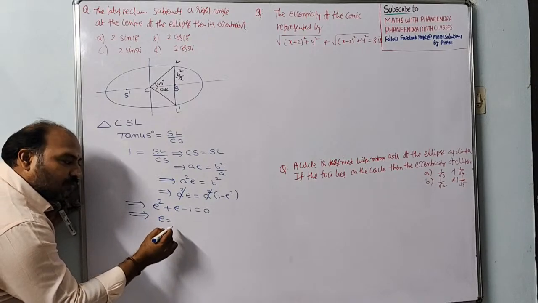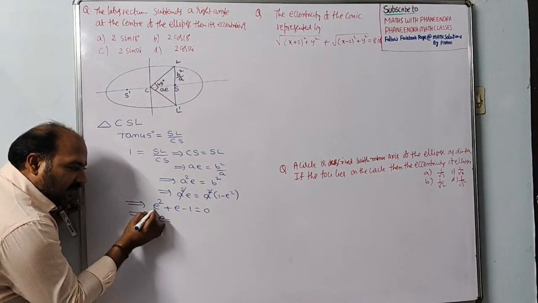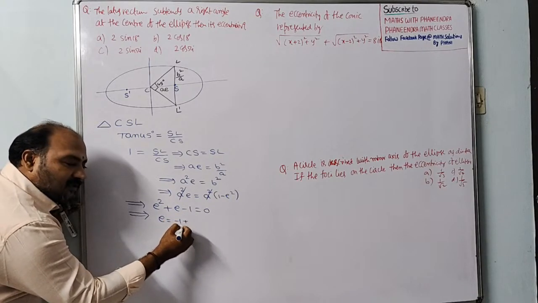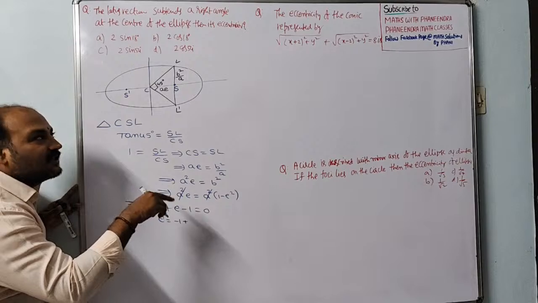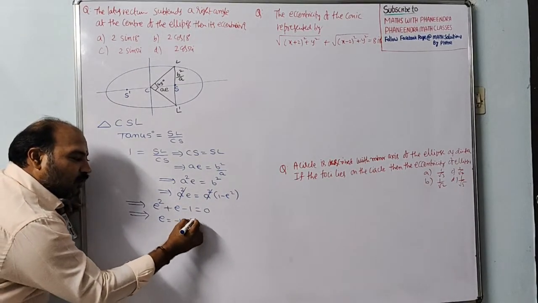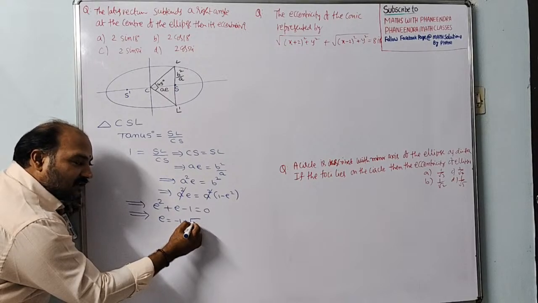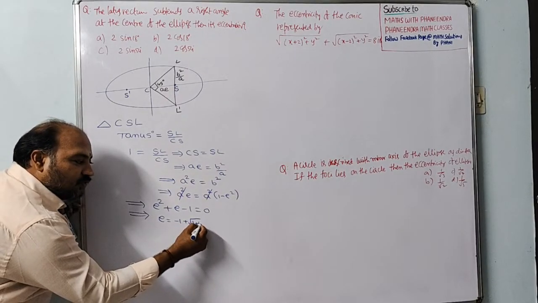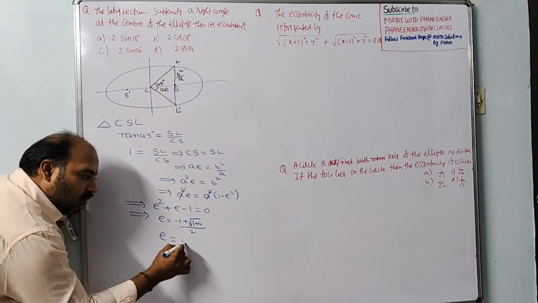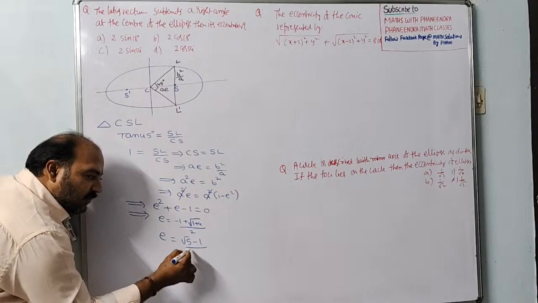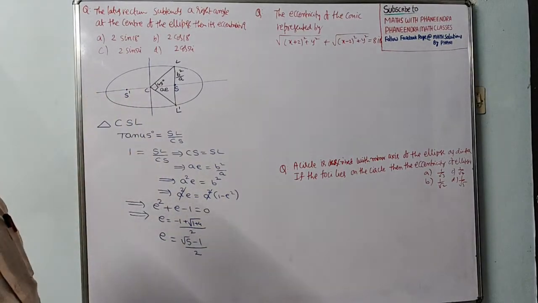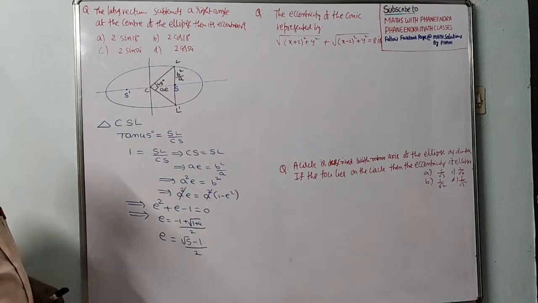e is equal to minus b plus or minus root of b squared minus 4ac over 2a, with a value 1, b value 1, c value minus 1. Eccentricity here is less than 1 and greater than 0, so only plus you can take. Root over b squared minus 4ac means 1 plus 4, by 2, which gives e equal to root 5 minus 1 by 2. But eccentricity is given in terms of sin 18, cos 54, sin 54, cos 18.